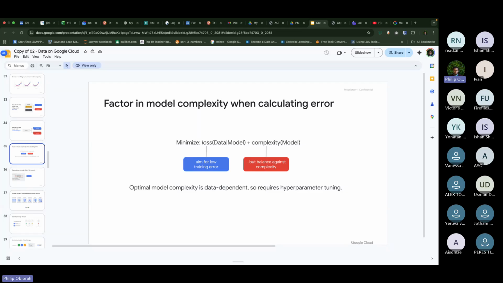You want to aim for a low training error, but at the same time, you don't want the model to be too what? Complex. That's the bias variance trade-off and model complexity. So this is the factor being considered in the model when calculating error. All right. So when you're doing hyperparameter tuning, you want to find a way of balancing all this.